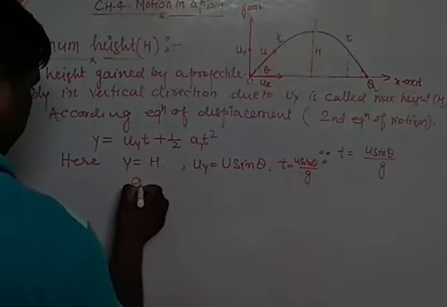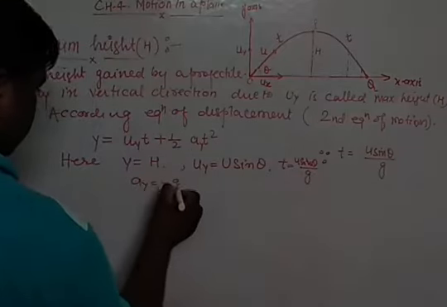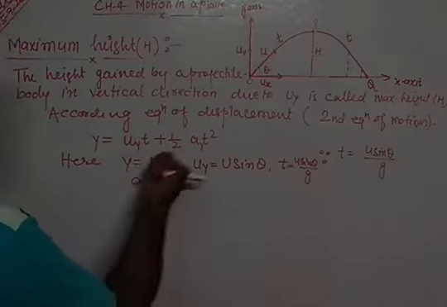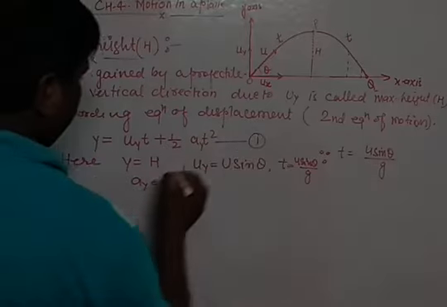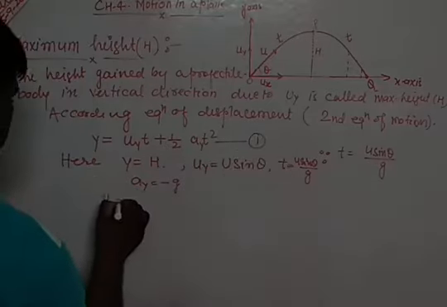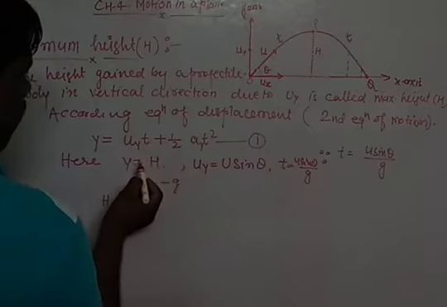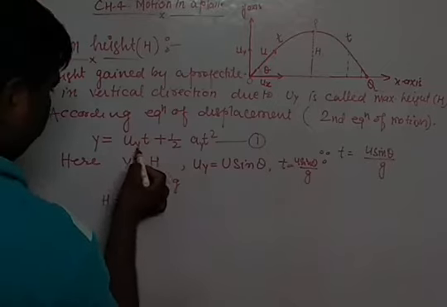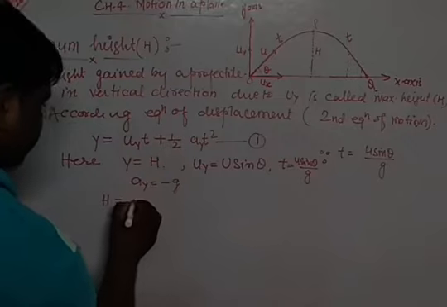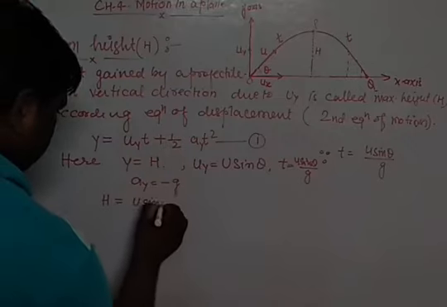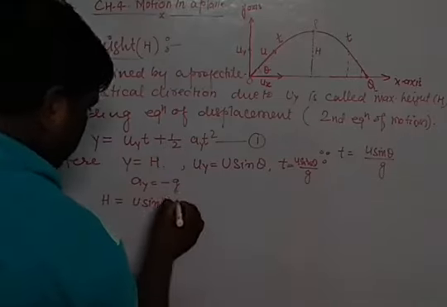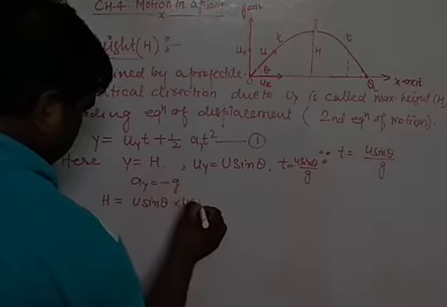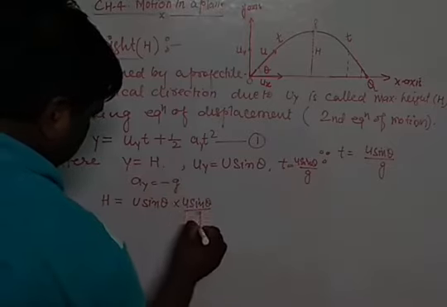And what about ay? ay is again minus g. Now you have to substitute all these values in equation number 1. So what will we get? H is equal to what? Yes, uy, that is u sin theta into t. T means what? u sin theta upon g.